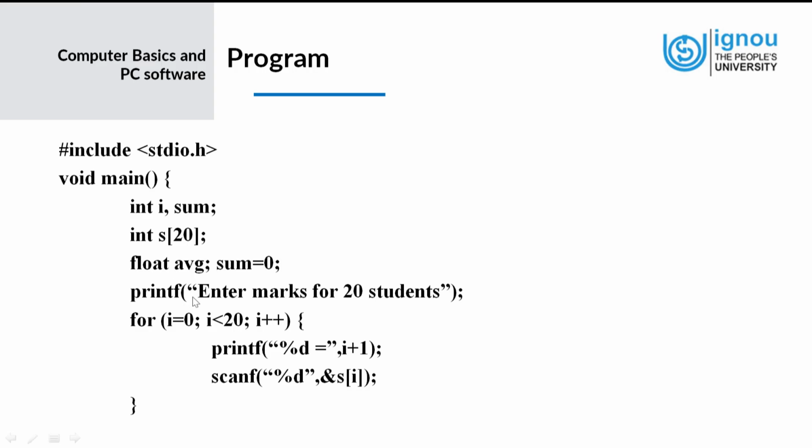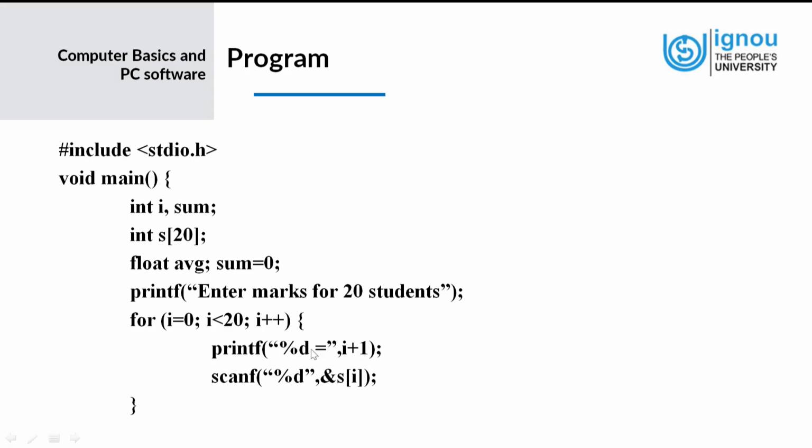Then printf once again will print onto the screen, enter the marks of 20 students, and here is the loop for reading. So you said print the marks of 20 students, and then you start with the value of i equals 0 till i is less than 20, i plus plus. So what is it going to print? i is 0.